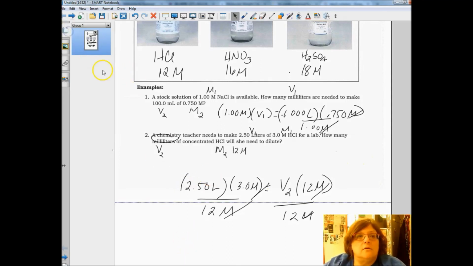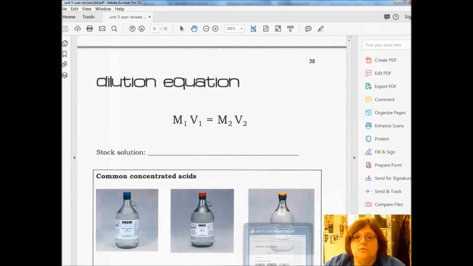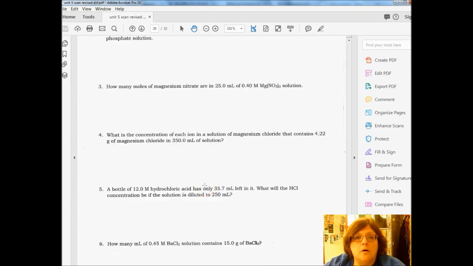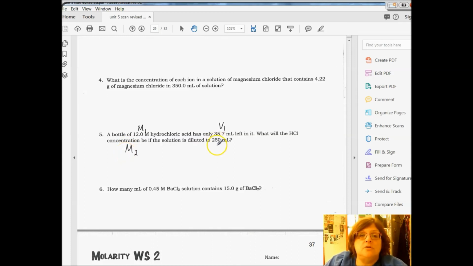Now, let's see. If you look at molarity worksheet number 1, we have on number 5 one of those types of problems. Number 5, a bottle of 12 molar, so that's going to be M1. It has only 35.7 milliliters in it. That's volume 1. What will the concentration be? That's M2 and volume 2.